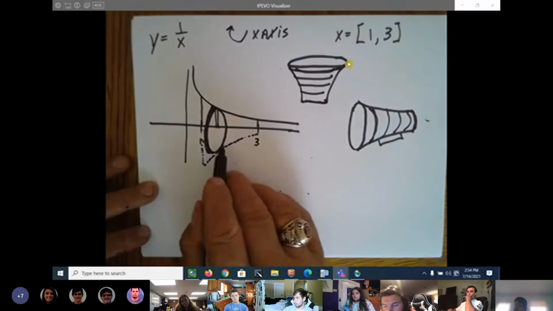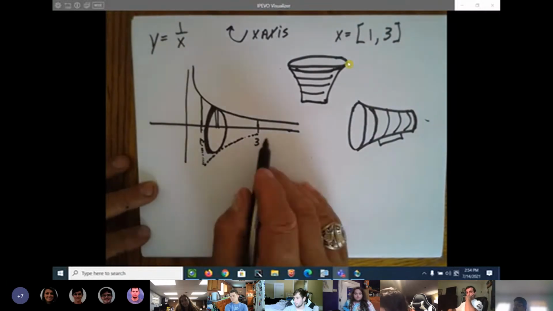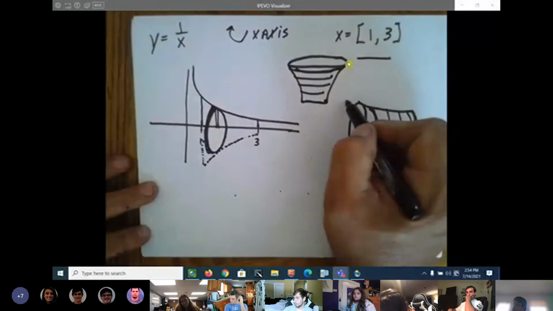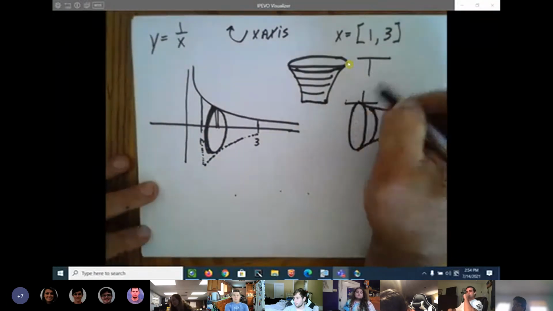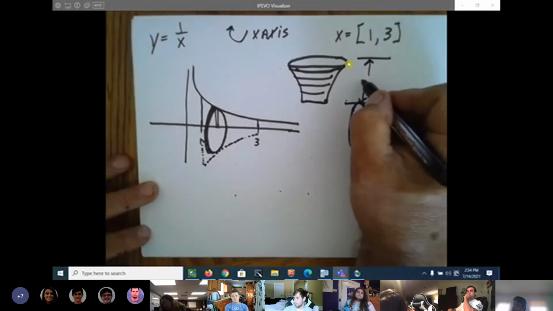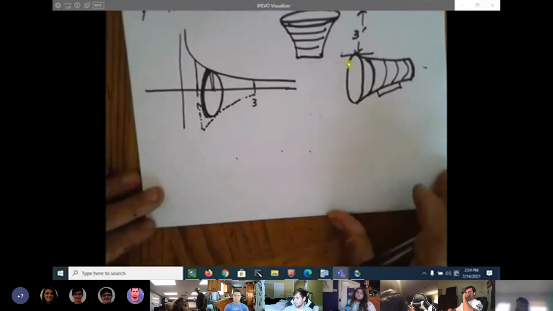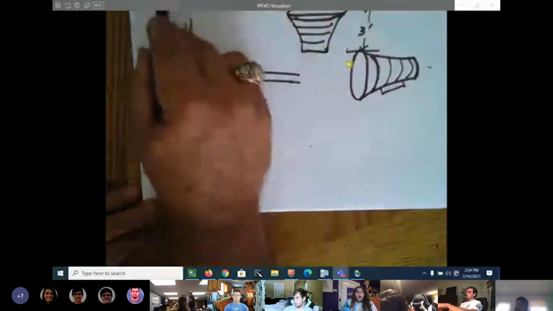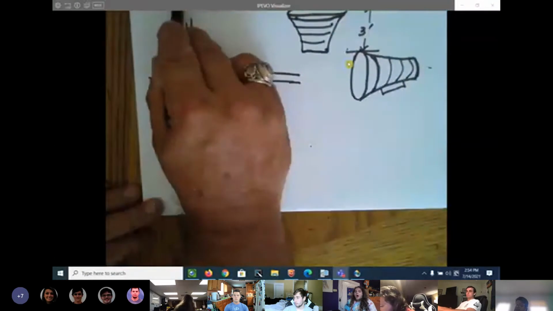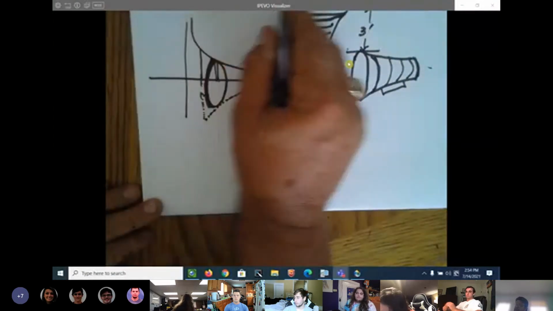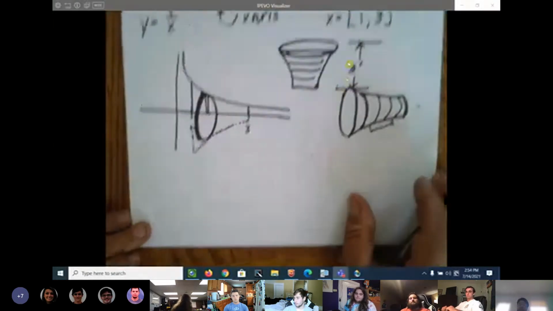So let's say this is a trash can 3 foot tall. So everything's in terms of x. The functions are in terms of x. This is x and this is x.